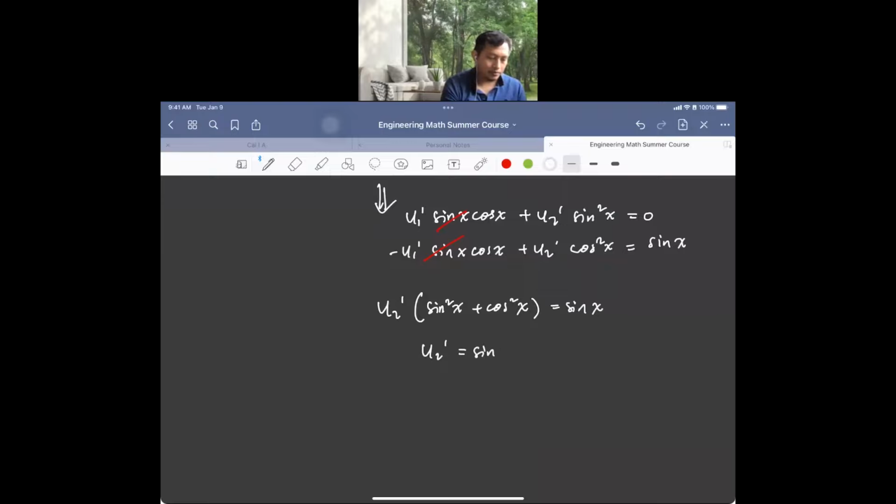So u2 prime is sine x, and u1 prime is, we can take the solutions. So sine cube, so negative sine squared x divided by cosine x, just substitute. So negative tangent x sine x.